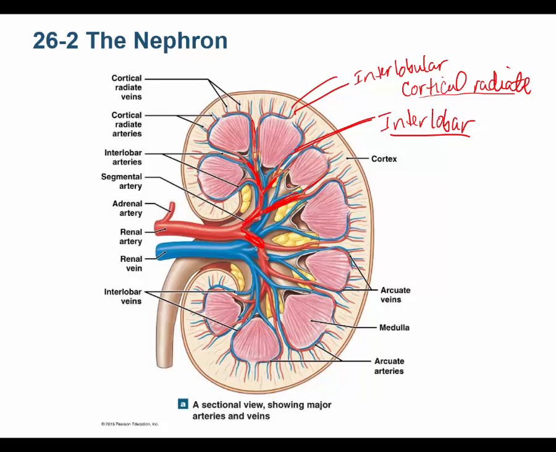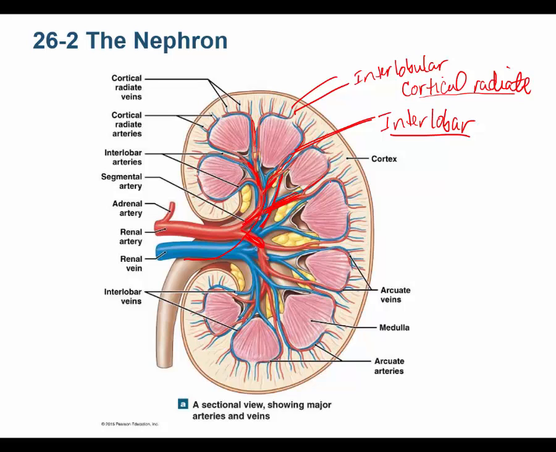Now, coming back out, your book doesn't even use segmental veins. It goes directly from the interlobar veins to the renal vein. So it doesn't call this a segmental vein, and it definitely doesn't use the word lobar vein. Now, some books do.